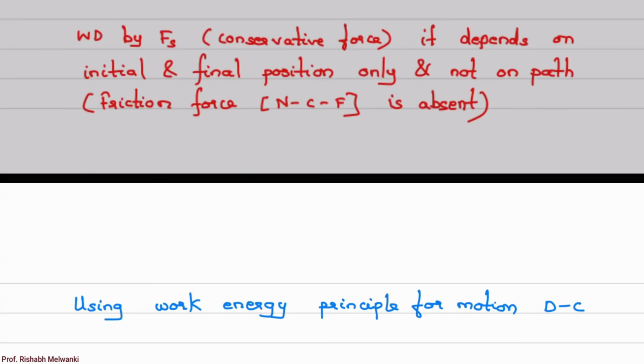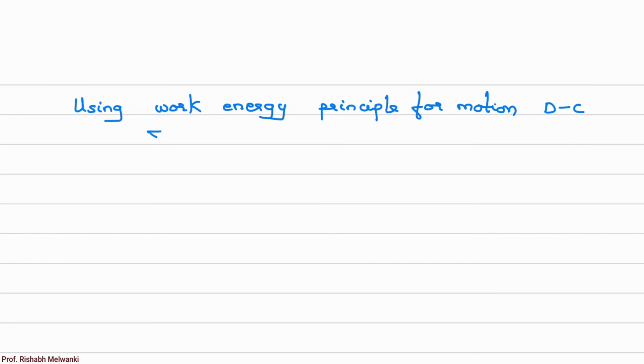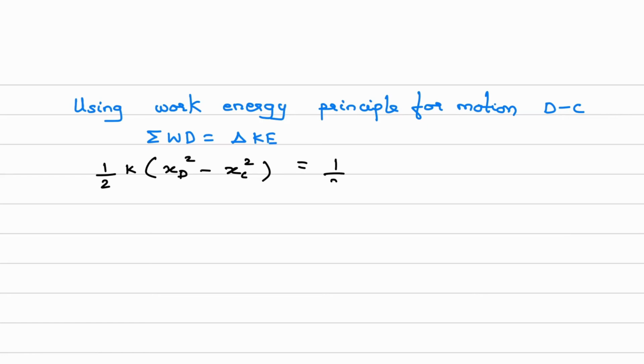What is that equation? Summation of work done is equal to change in kinetic energy. Okay, so work done is because of the spring force, so half K, initial point, it is D, so xd square minus xc square, equal to change in kinetic energy half m final position Vc square minus initial position Vd square.